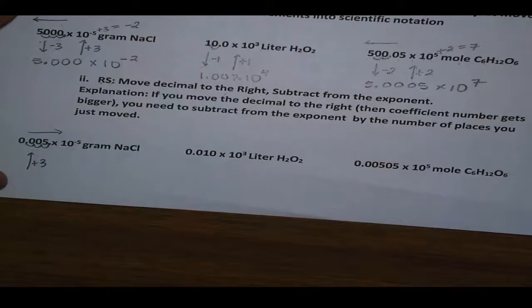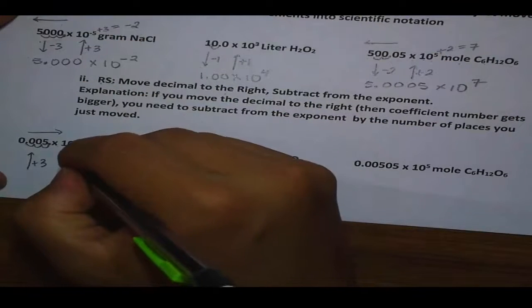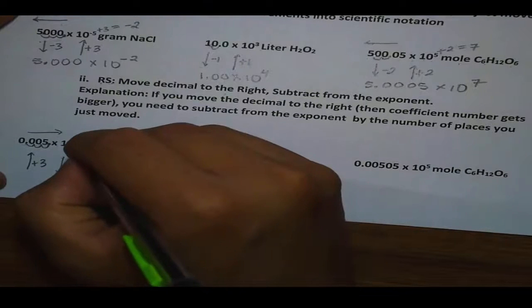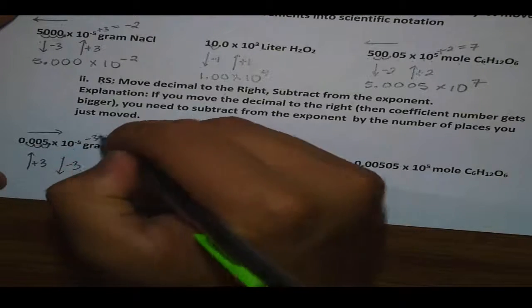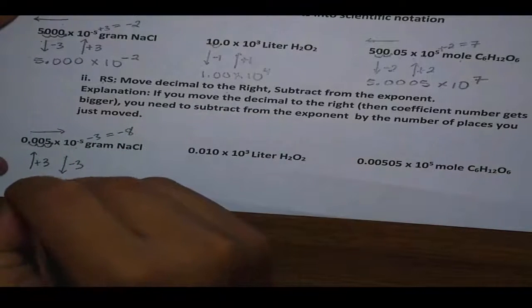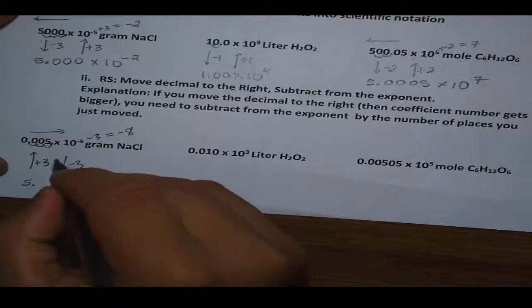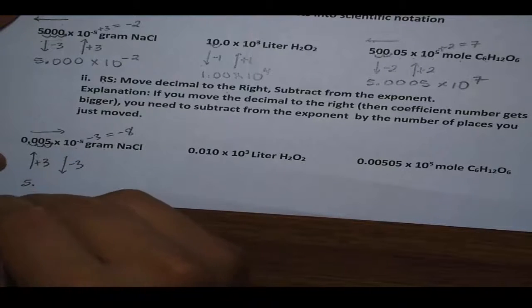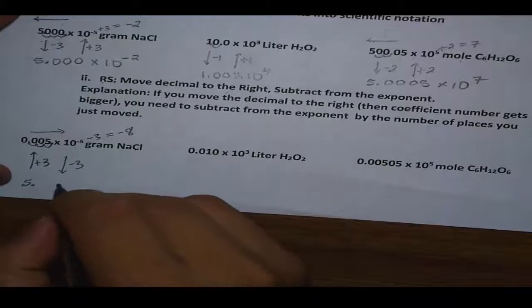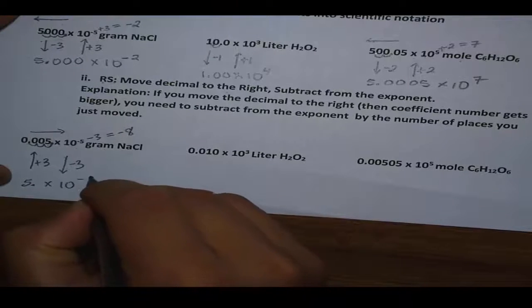And guess what I'm going to do to the exponent? I would do the opposite, which is I'm going to subtract 3 places from the exponent. What is minus 5 minus 3? That gives us a total of minus 8. So we have 5 point, and we don't have to write all the 0s in front. That wouldn't make any sense. So 5 point times 10 to the negative 8.